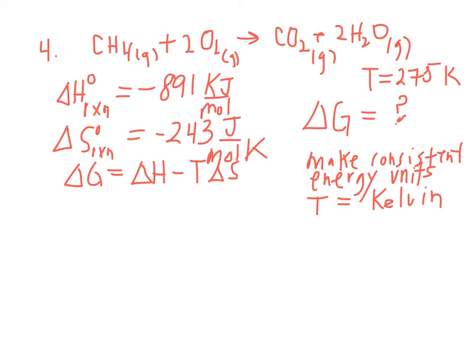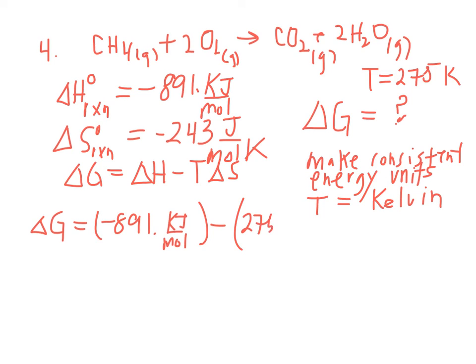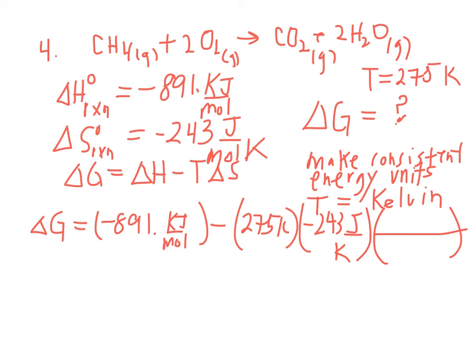And then now you go ahead and substitute into the equation. So delta G equals minus 891, here let's put a decimal place here, kilojoules per mole, minus 275 Kelvin, times minus 243 joule Kelvin. And we're going to convert joules to kilojoules, so 1,000 joules is equivalent to 1 kilojoule.